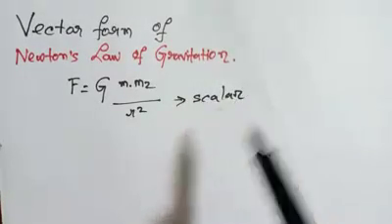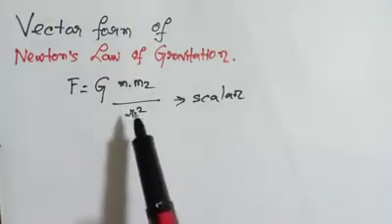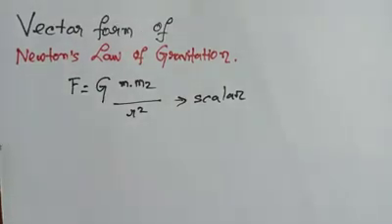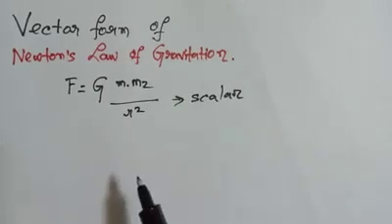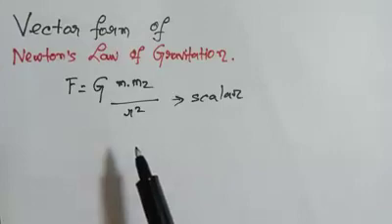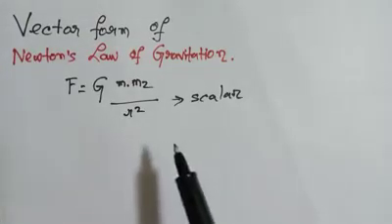Now by scalar, what I'm trying to mention is that there is a magnitude, which is this part, but there is no direction. Now when we are trying to represent it in a vector form, we need to take note of a few points. To represent this equation in a vector form means that there should be both magnitude as well as direction.